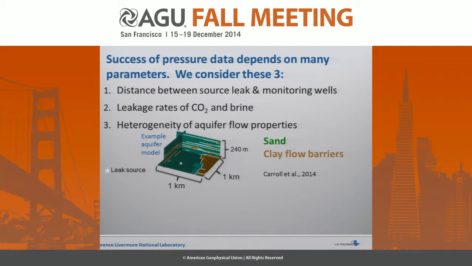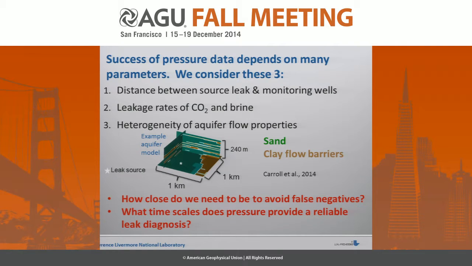And lastly, we'll vary different heterogeneity parameters of the aquifer. By varying these parameters, we hope to address two fundamental questions. How close do we need to be to avoid false negatives? And temporally, over what timescales does pressure provide a reliable leak diagnosis?